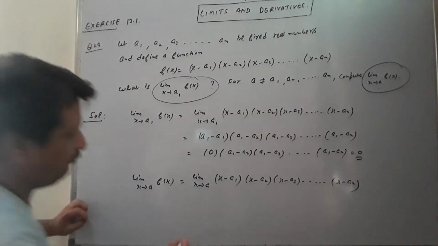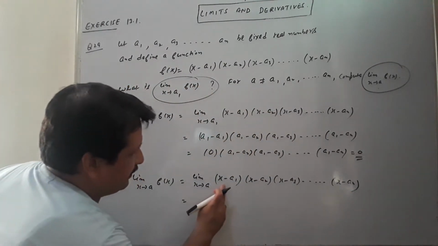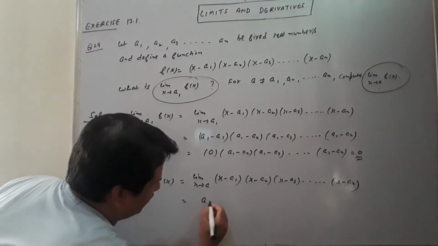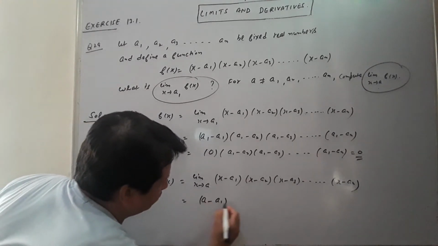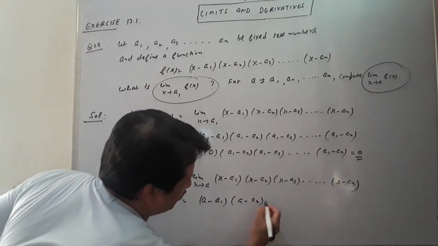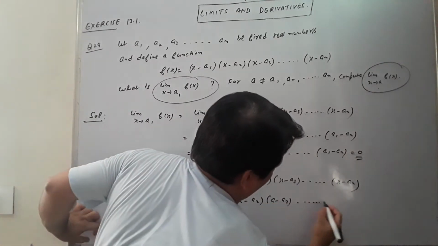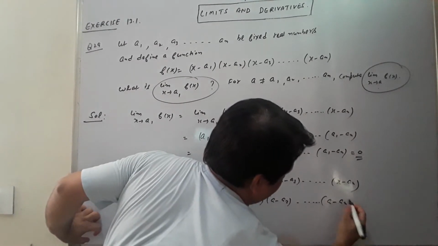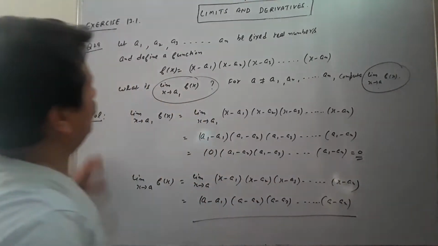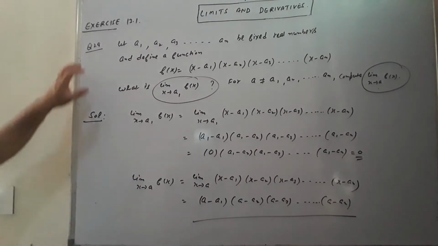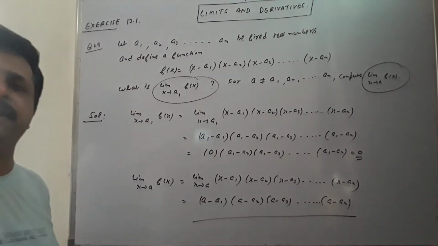Clear students? Now we will apply this limit here at the place of a. It will come as (a minus a1)(a minus a2)(a minus a3) and so on up to (a minus an). So this is the solution of question number 29 students.